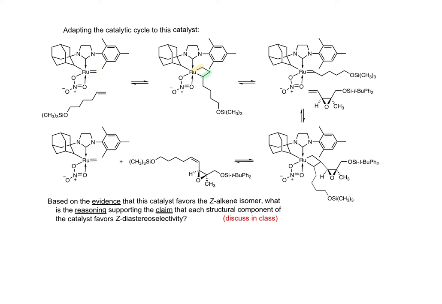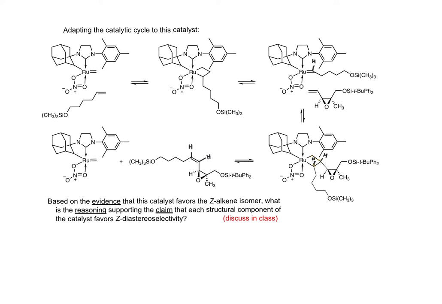This does a retrocycloaddition, produces ethylene as a byproduct, and then a second molecule of alkene will associate with ruthenium, forming a metallocyclobutane, and then this does a retrocycloaddition to give the cis alkene.